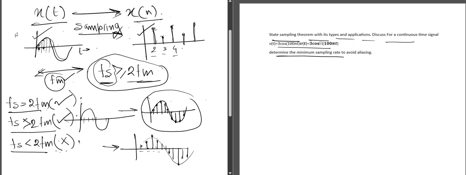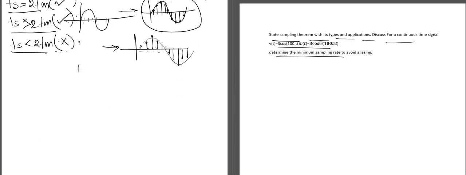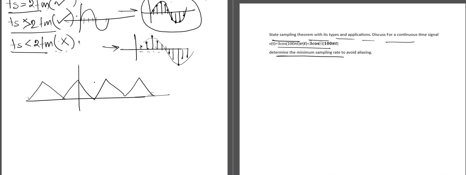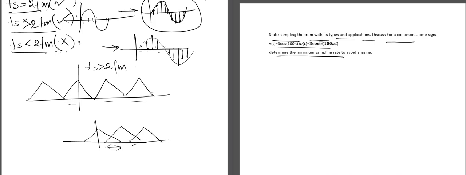And what happens in undersampling? Suppose this is the spectrum of the original signal. Okay, this is the spectrum of the signal obtained after sampling. This is the case of oversampling: fs is greater than twice fm, and we are getting multiple copies, right? But when fs is less than twice fm, what happens? The two spectrums, we can see, overlap each other.